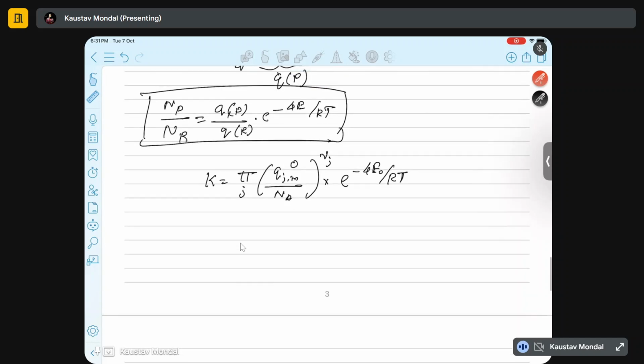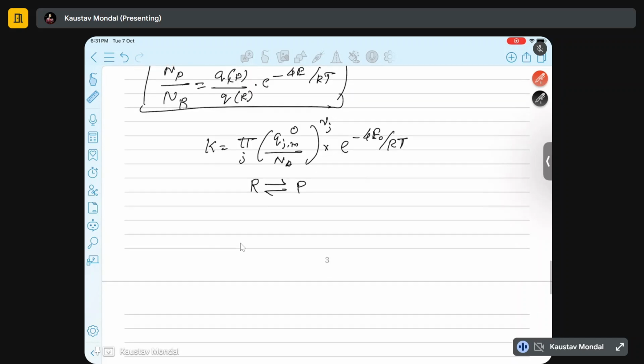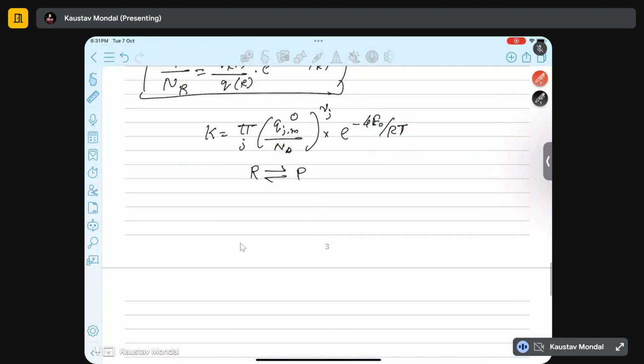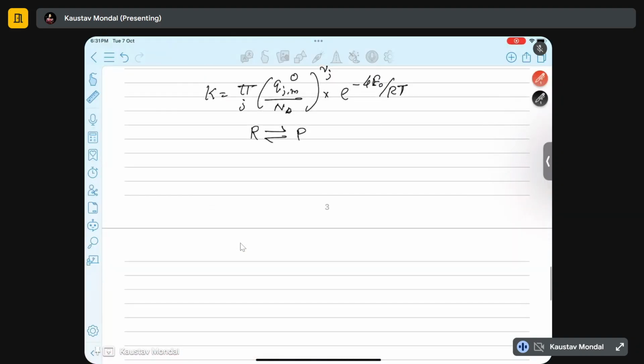Now for this kind of reaction, where reactant gives product in equilibrium, we can write the expression of K like this: QP by Na into QR by Na to the power minus 1, since the stoichiometric coefficient is minus 1 for the reactant and plus 1 for the product, into e to the power minus delta E0 by RT, right?